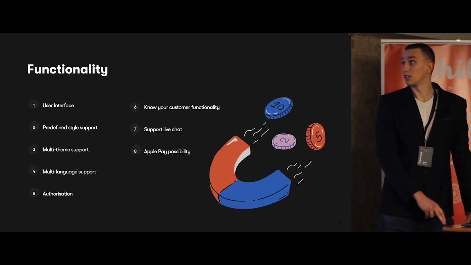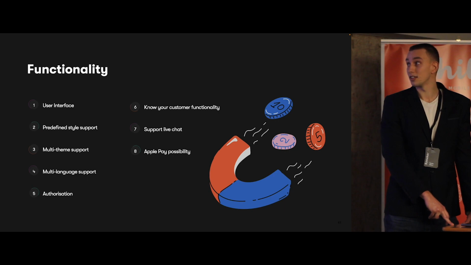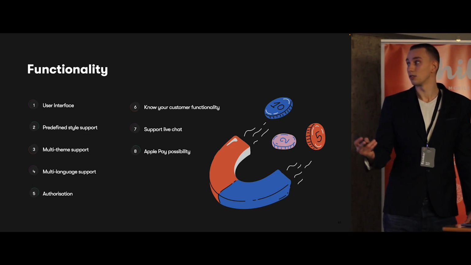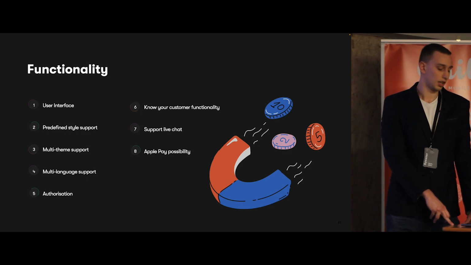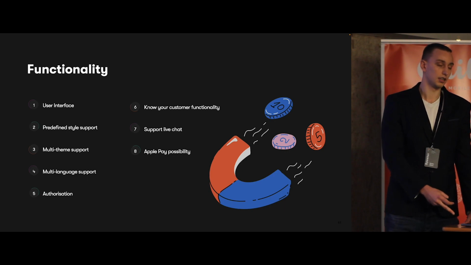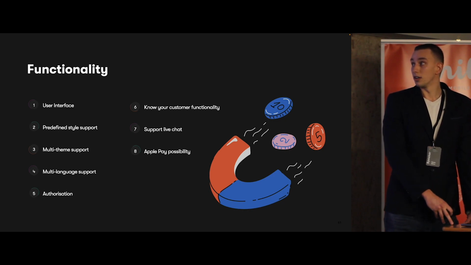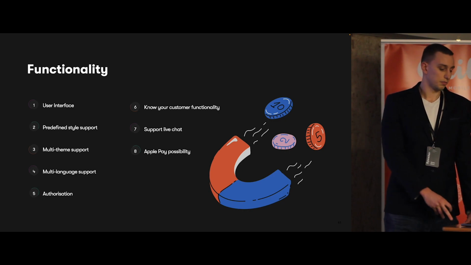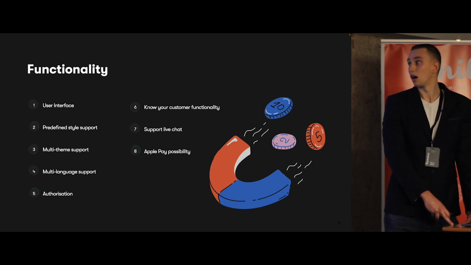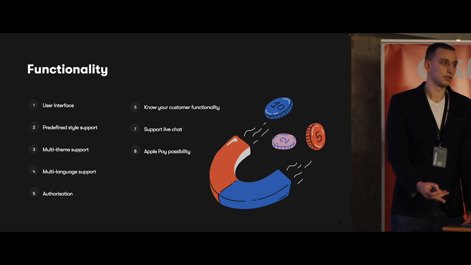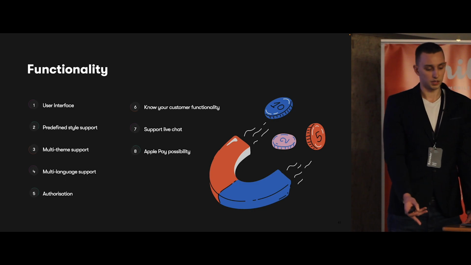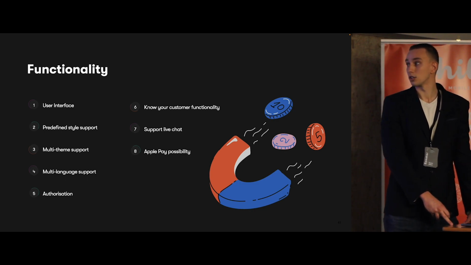All right, so functionality. First thing I can tell, this is not your everyday SDK, because as you can see, there are 8 points of functionality. First of all, it involves user interface, which usually is not a part of an SDK. We have predefined style support for multiple partners who will be using it. Multi-theme support, meaning light theme, dark theme, based on system or user selection.